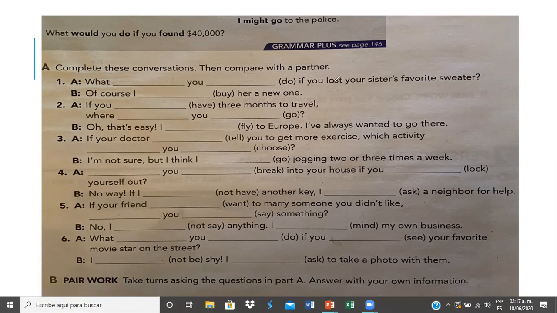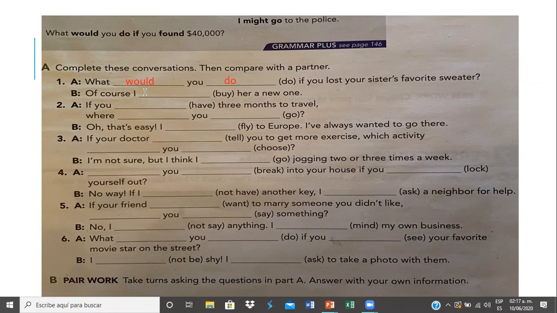So for example, we're going to do the first conversation, 1 and 2 as an example. We have a question here. What will you do if you lost your sister's favorite sweater?